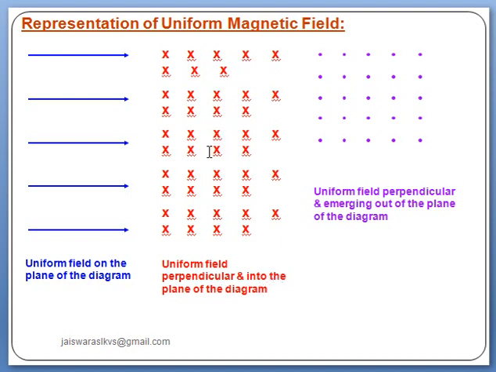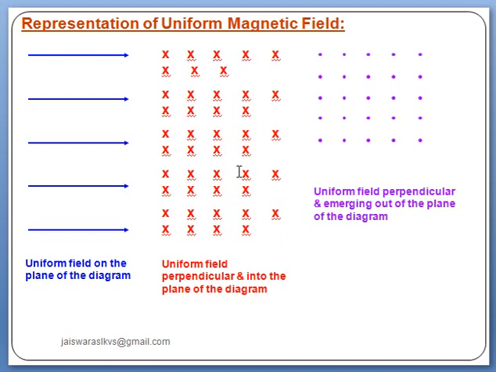This shows the magnetic field line is into the plane, perpendicular, and this dotted symbol also shows a uniform magnetic field which is perpendicular to the plane and emerging out of the plane of the diagram. This shows outward magnetic field which is perpendicular to the plane.